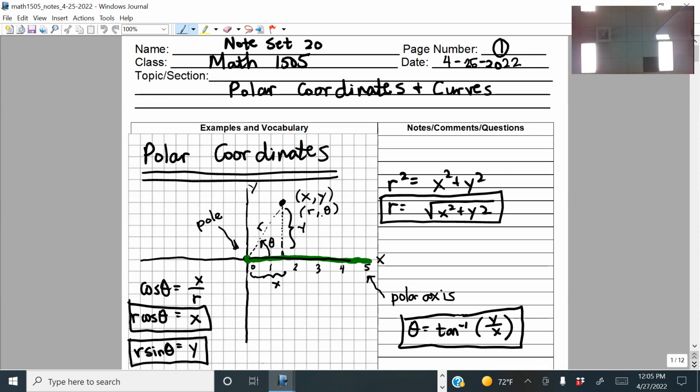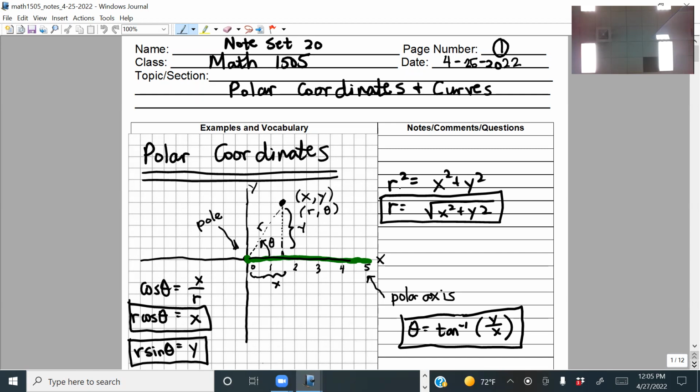Well, let's see. What do we need for our polar coordinates? We need to know this distance, right? The distance from the pole or the origin to the point. So we need to calculate this distance. But you can do that from the Pythagorean theorem, right? Because in this right triangle, what do you know? X squared plus y squared has got to be what?